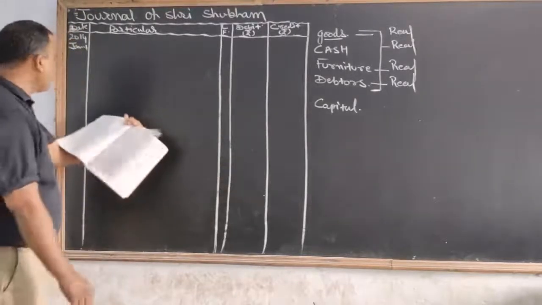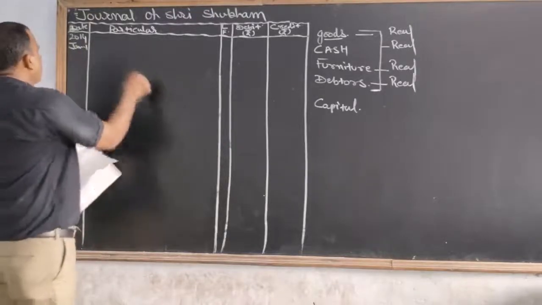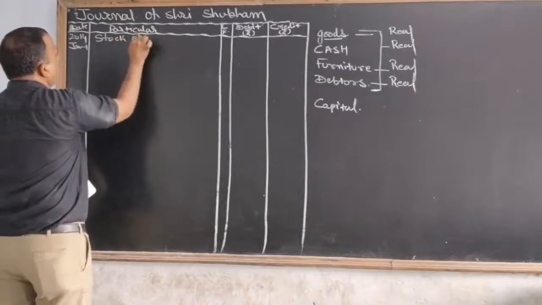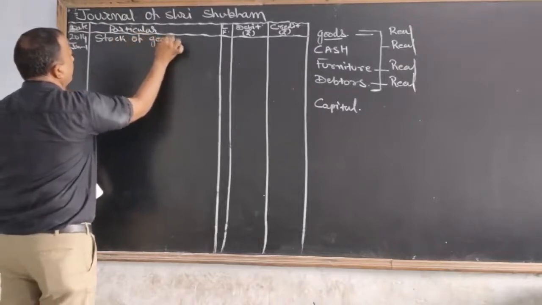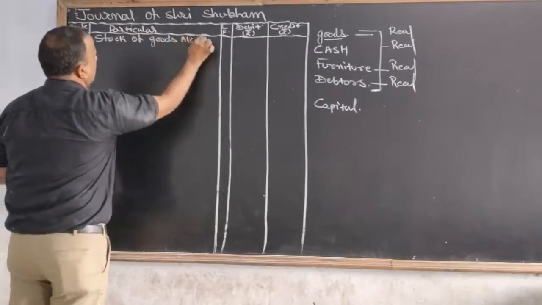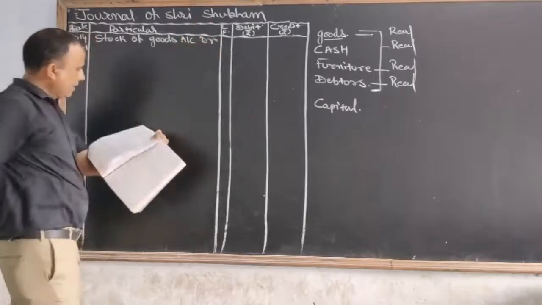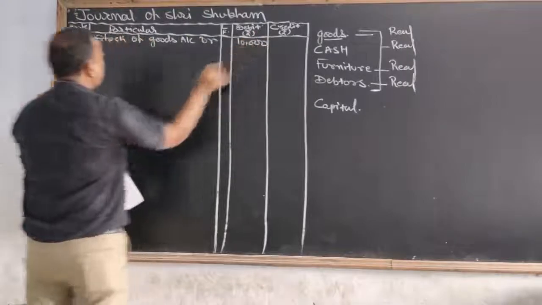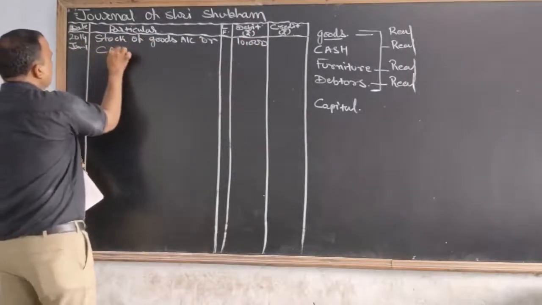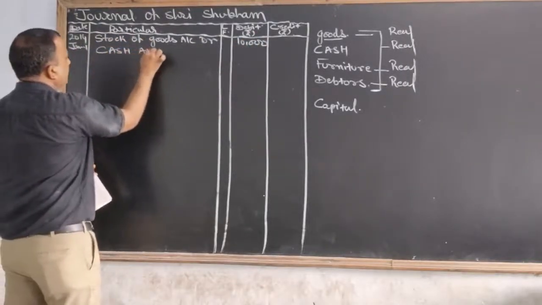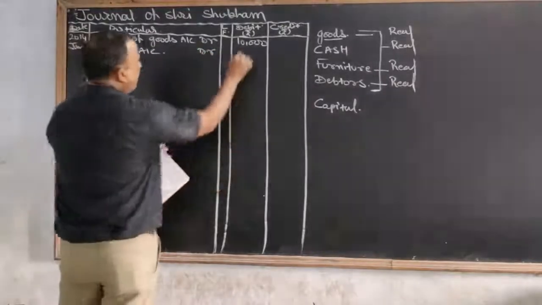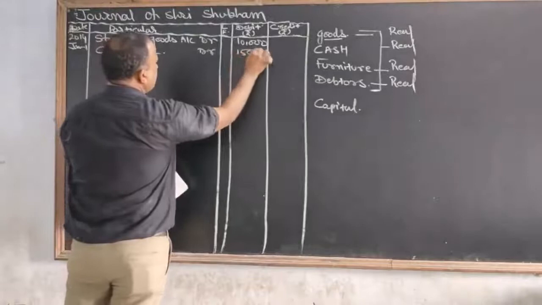So how do we pass the journal entry? First one, stock of goods account debit, here by 10,000. Cash account here by 15,000.